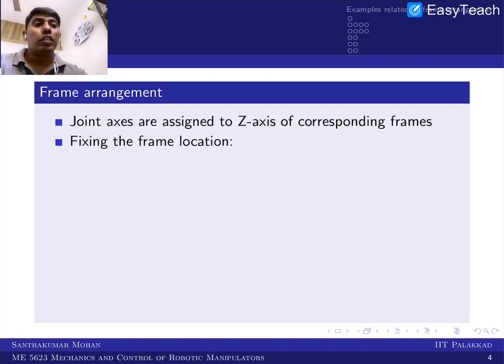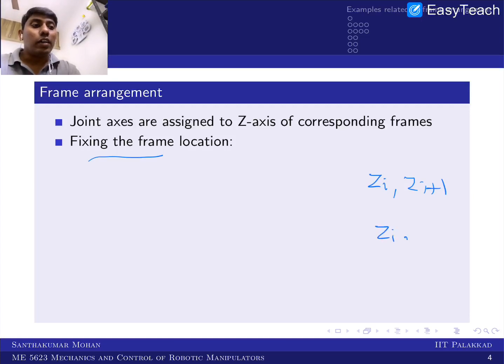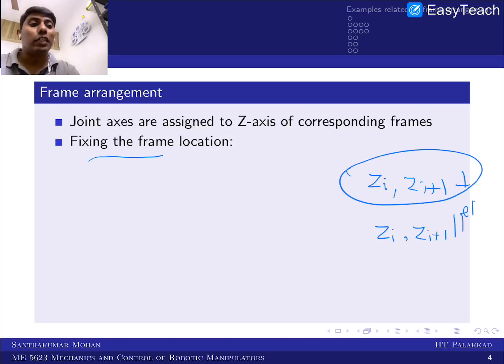Then where the position of the frame is, that is one of the big questions that will come, right? Fixing the frame location is the bigger question. For that there are two sub cases: zi and zi plus 1 either intersecting, or parallel. If it is intersecting, it is very easy, wherever the intersecting point is.